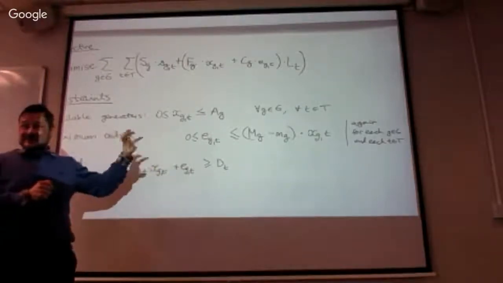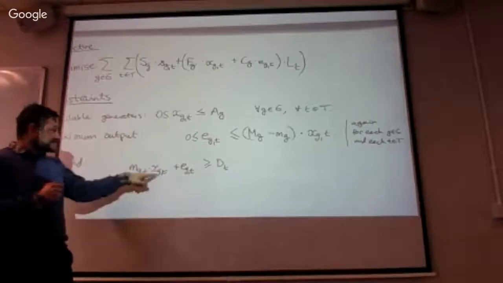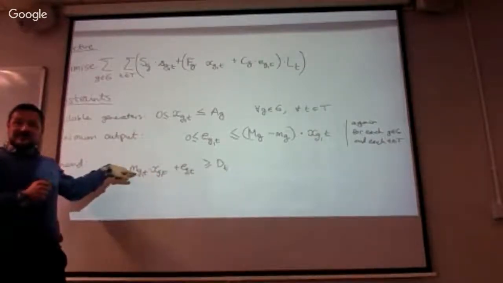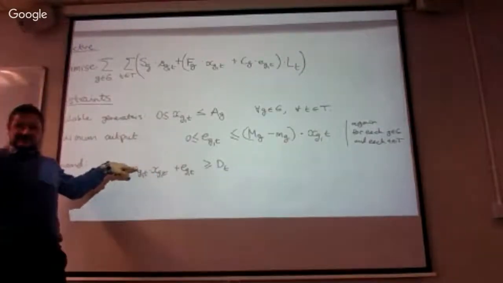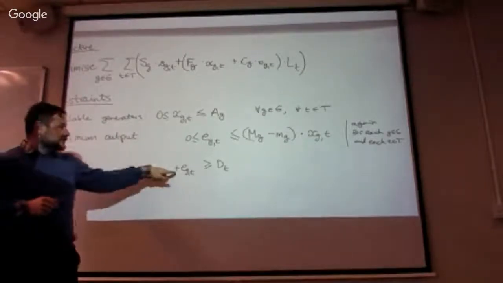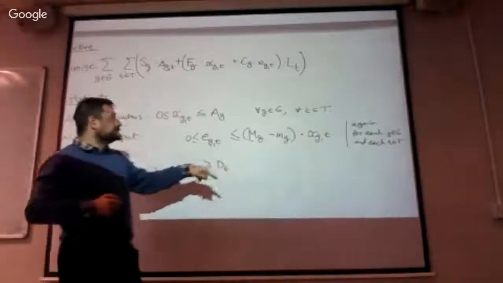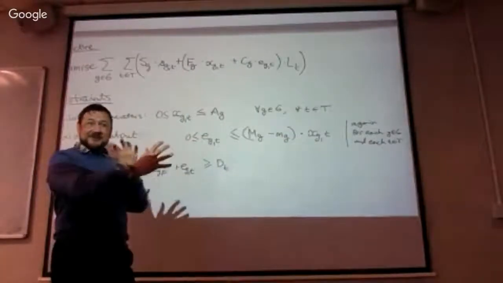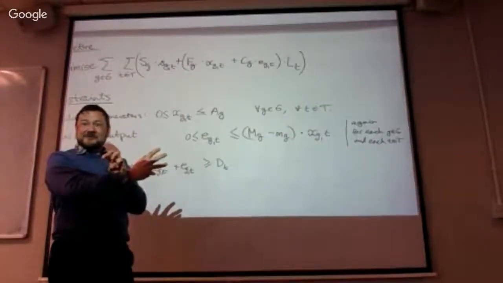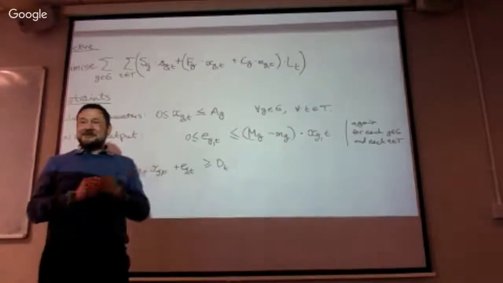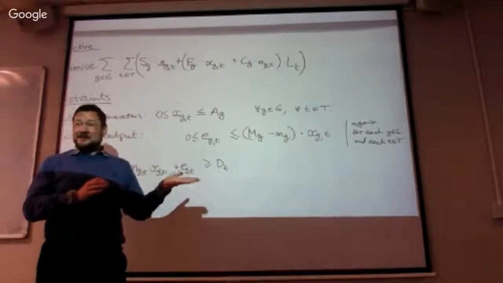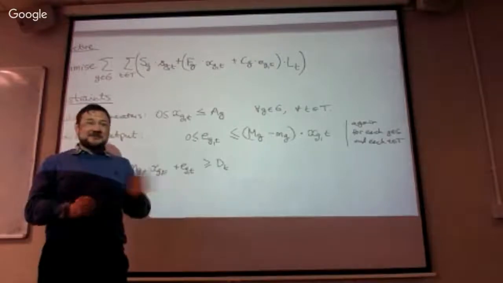So linear means you have a decision variable times some constant number. But you can't times 2 decision variables. That kills linearity. So if you do that in a linear programming formulation, then that's it.